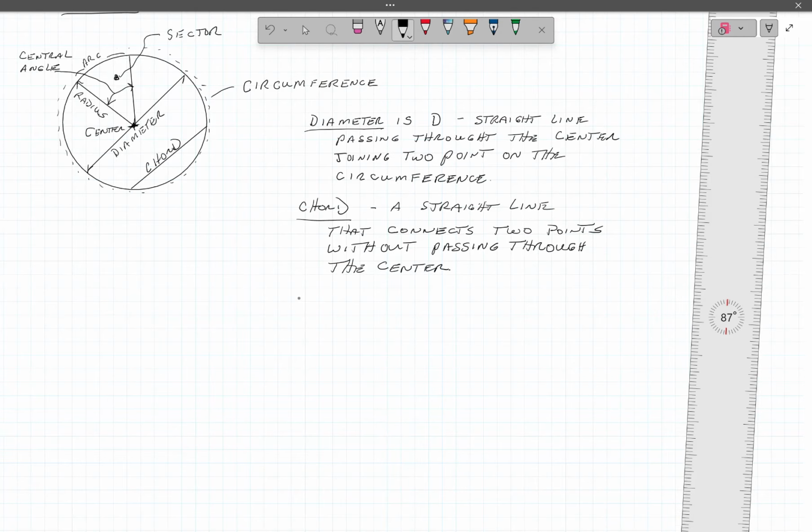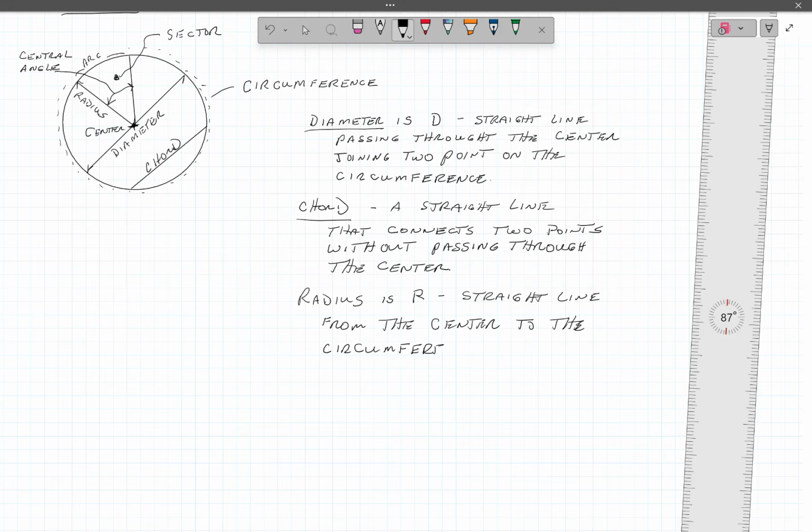A radius is labeled with a capital R, and it's a straight line from the center to the circumference.